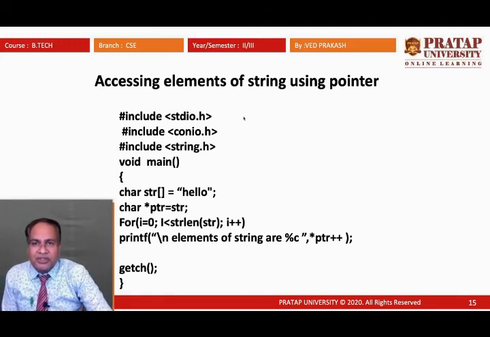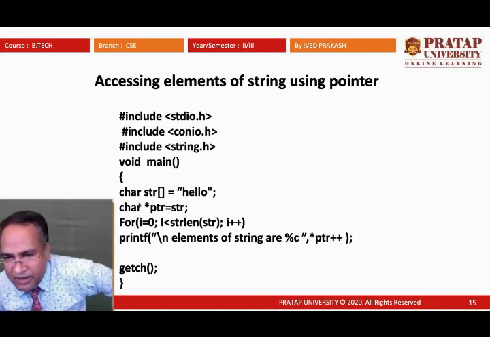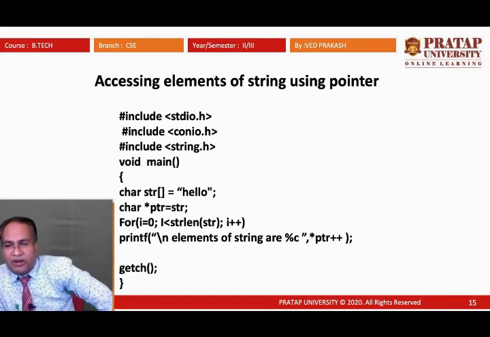Now in this program our aim is to access all the elements of a string. So I mention first here a string str having the word hello, and I have to declare a pointer variable whose data type is character.